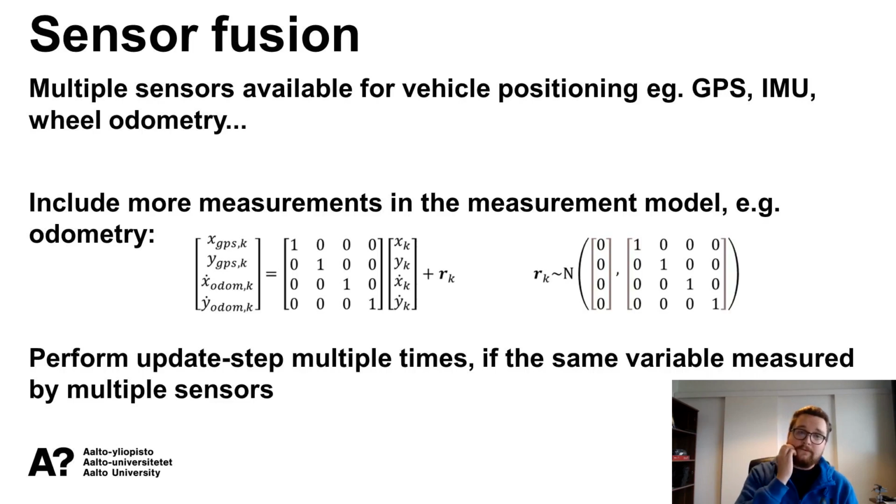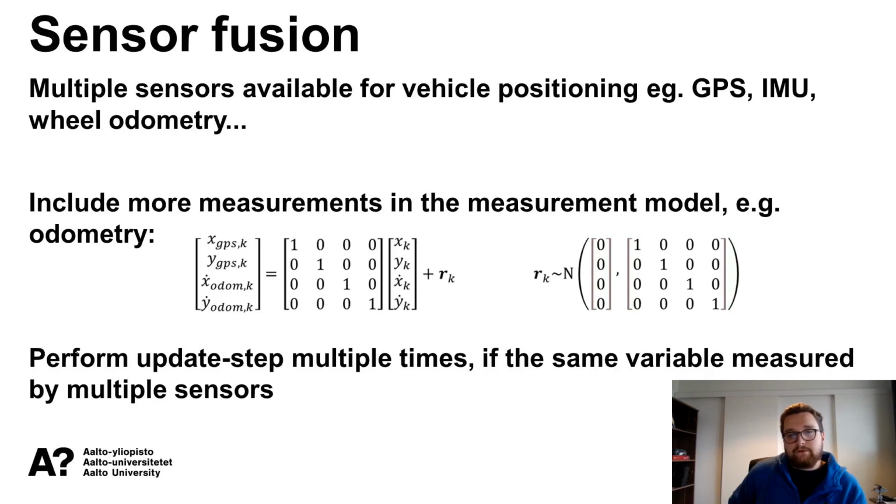If we were using this vehicle odometry, it would be quite simple, just extending our measurement model. The matrix capital H, we just increase so that it's a 4 times 4 diagonal, so that the model also takes into account the wheel odometry, and then we also need to update the measurement noise.